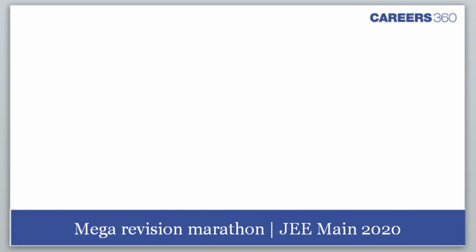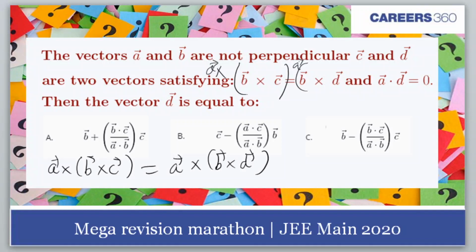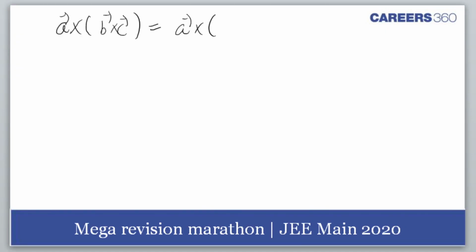So I have A cross B cross C, and the next one was A cross B cross D. Okay, students, just hang on. This is the last question we are doing. So we solve it.